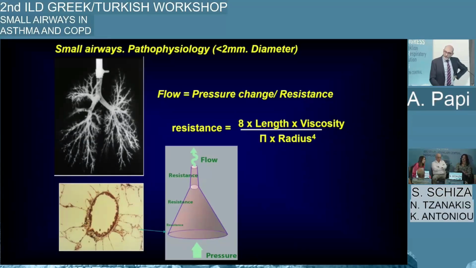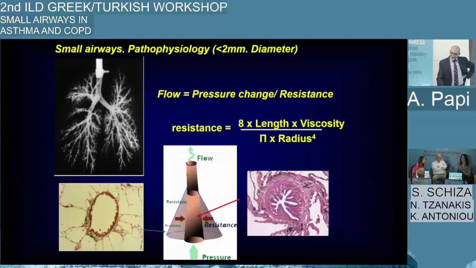The situation is different when we have an obstruction, as in the disease that we are discussing now, since changes in internal diameter are inversely related to the overall resistance to the power of 4. So small changes in the internal diameter in this condition change the overall resistance a lot, and indeed in obstructive lung disease it is the peripheral district, the site where most of the resistance is located.